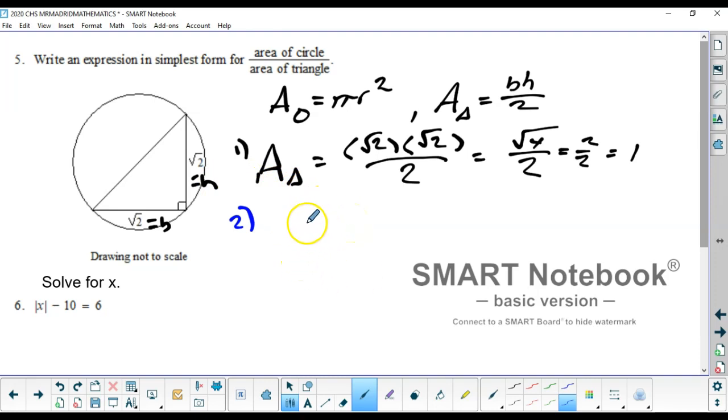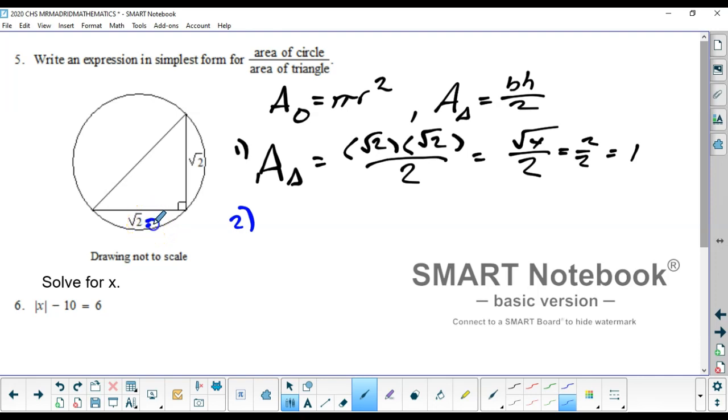So let's go ahead and come up with this value. So let's see here. Again, we need this guy. There are different methods.